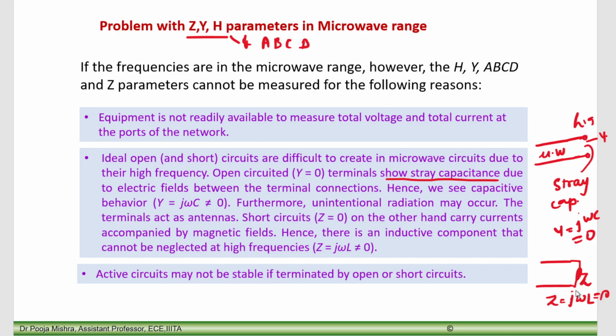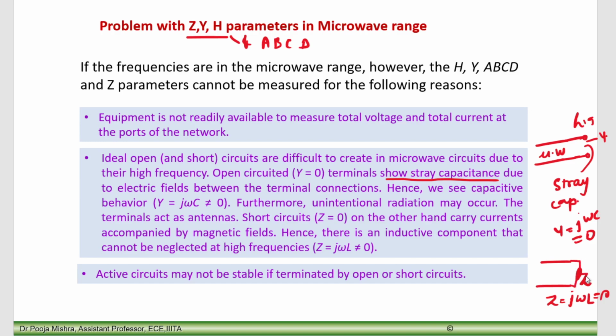We cannot create this ideal open and short circuit condition in a microwave circuit because of the very high frequency and the appearance of stray capacitance and inductance at very high frequencies. Also, when you terminate the microwave network by open circuit or short circuit, it will not show stable behavior. In this case the power may leak through this port, and in this case the current will always start to flow, and this may change.